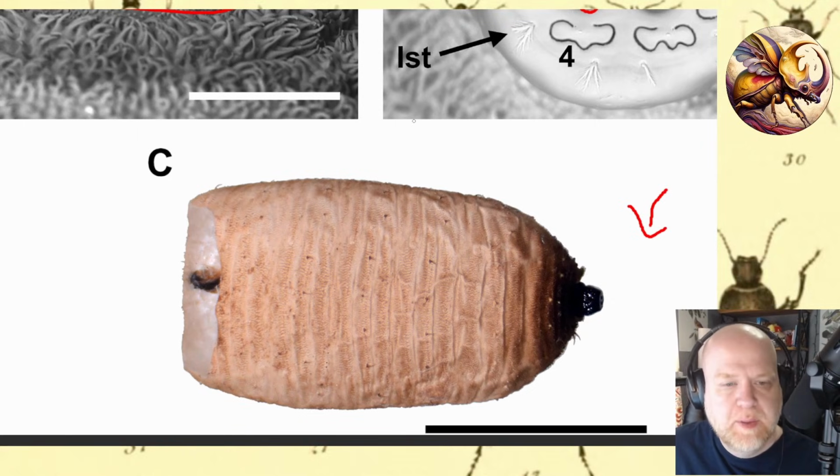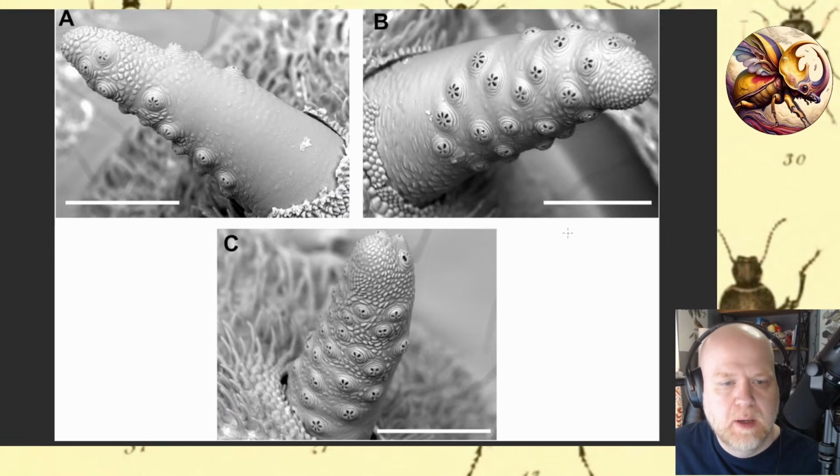But if we look at the pupa again, at the anterior spiracles of the pupa, what we see is, I think, much more interesting and much more definitive, which is these are the anterior spiracles, these cones, and you can see all the little holes that are used for breathing here. But in this group, you have this rounded anterior spiracle that is covered with these granules.